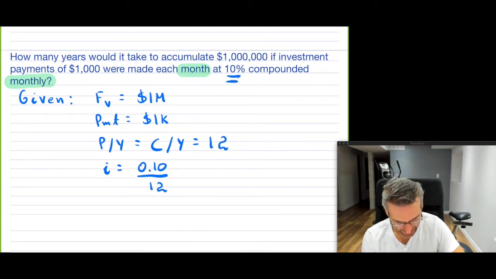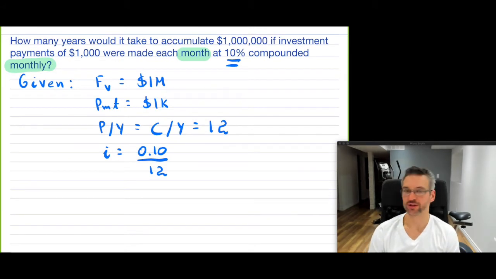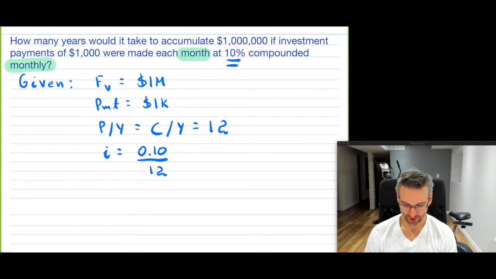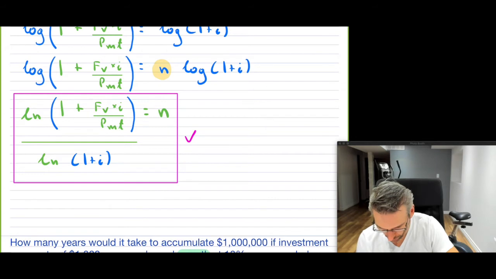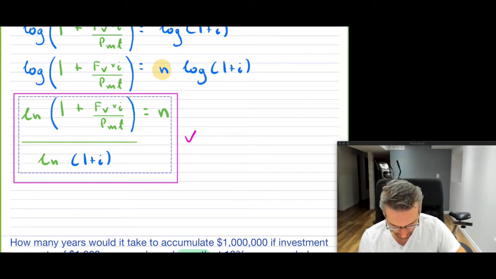All right, so that is coming from there, and those are the numbers that we would actually have right there. All right, perfect. So this is our information, and now let's take a look and see how we can use our formula. So we would be using our formula right here, and we want to be able to solve for n, so copy.